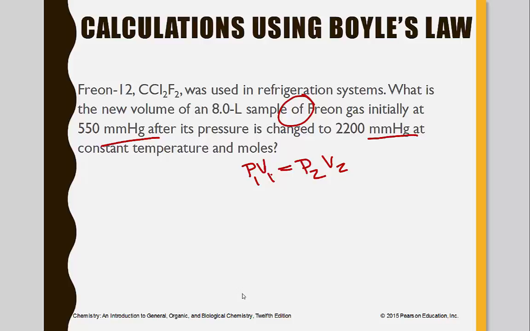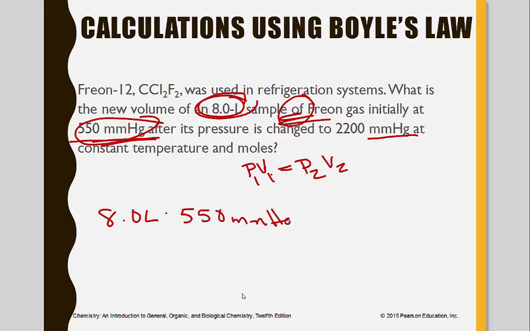For instance, Freon was used in refrigeration systems. What is the new volume of an 8-liter sample of Freon at 550 millimeters of mercury? So that means that 8 liters and the 550 stay on the same side of the equation. This is equal to the new volume after its pressure is changed to 2200 millimeters of mercury.